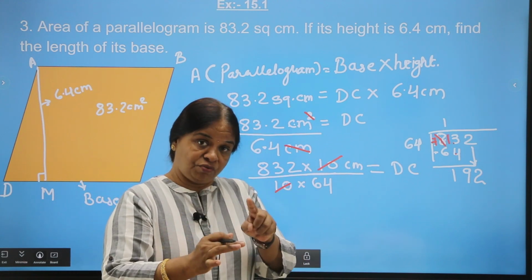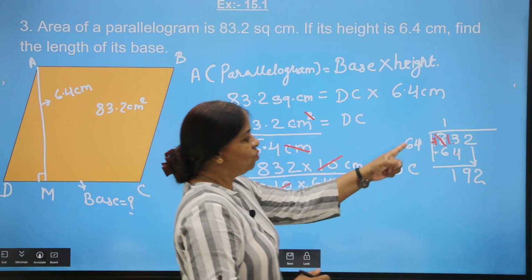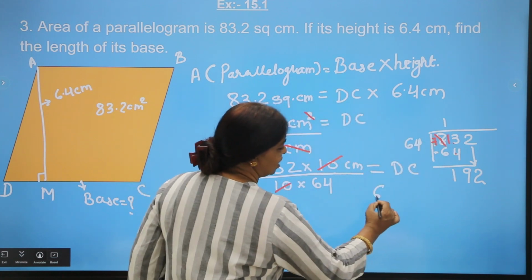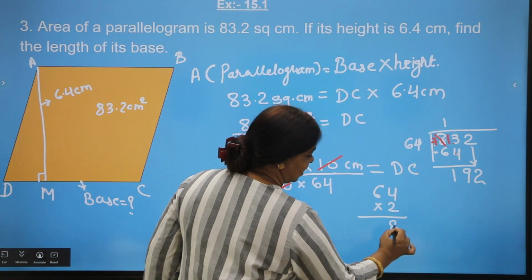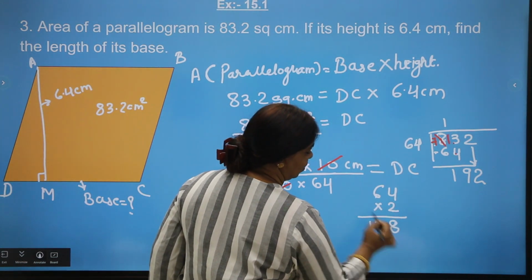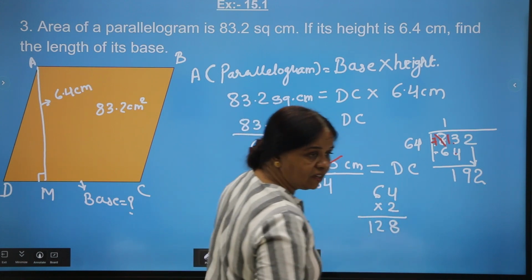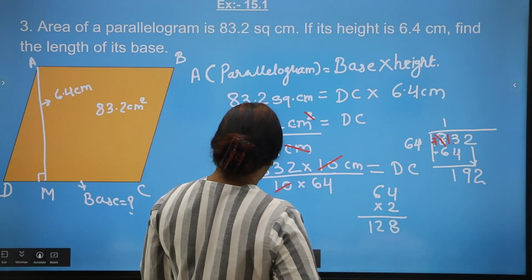Now I will see 192 comes in how many times by adding 64. So 64 1s is 64. Let's see for 64 2s are 2 4s are 8, 2 6s are 12, which is 128. 192 is bigger and 128 is smaller.